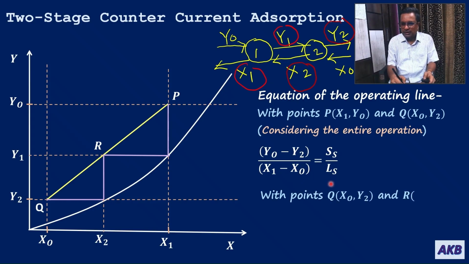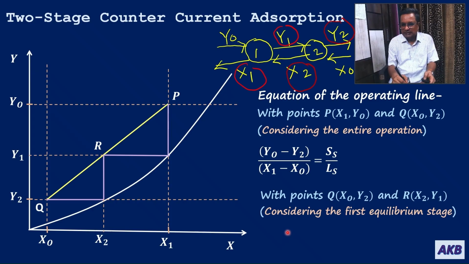You can also write the equation considering points Q and R. Q has coordinates of X0, Y2, and R has coordinates of X2, Y1. So in that case, the equation will be written in this way. When you consider points Q and R, actually you are considering the first equilibrium stage.